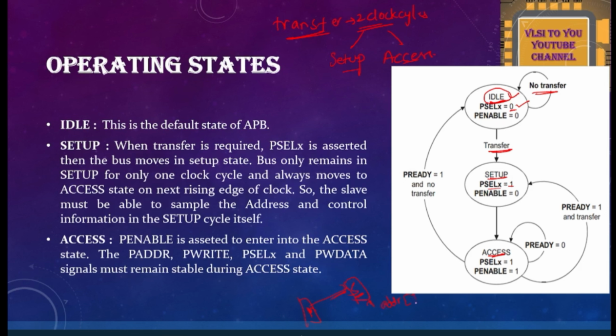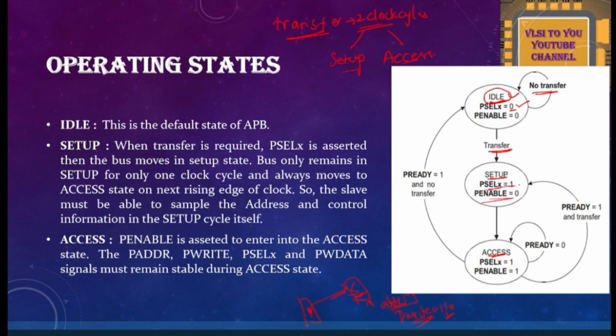The address will be created, and PWRITE will also be activated, because next you will either be reading or writing, so PWRITE is 1 or 0. These two signals are activated along with PSELECT equal to 1.